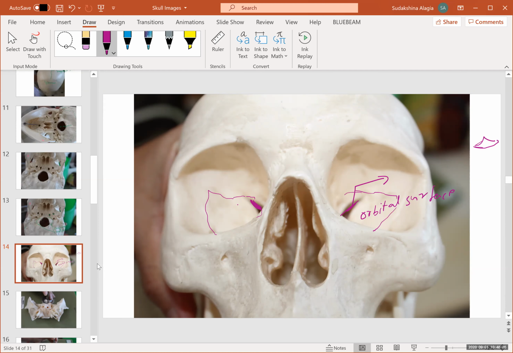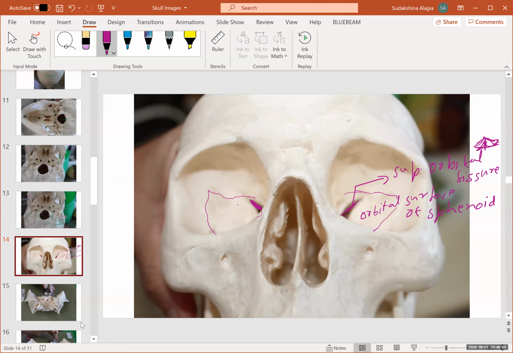A fissure is as if you have a structure here and you cut it open and created a fishtail. That's what a fissure is, a split. So this is the superior orbital fissure and the orbital surface of the sphenoid. That's all we can see externally in an articulated sphenoid.